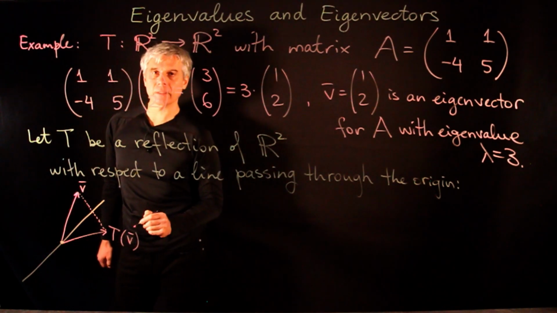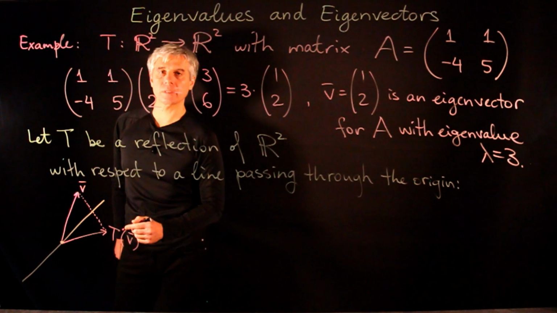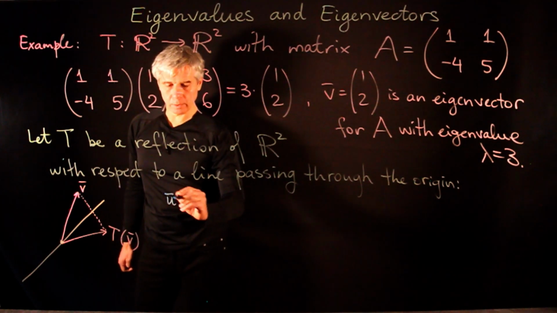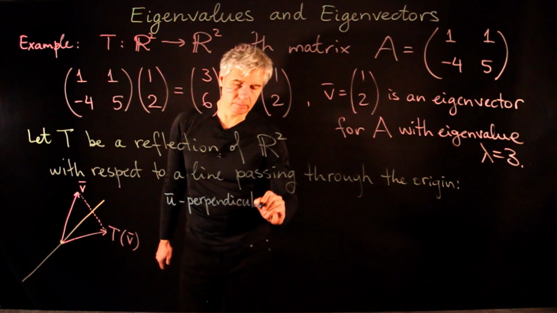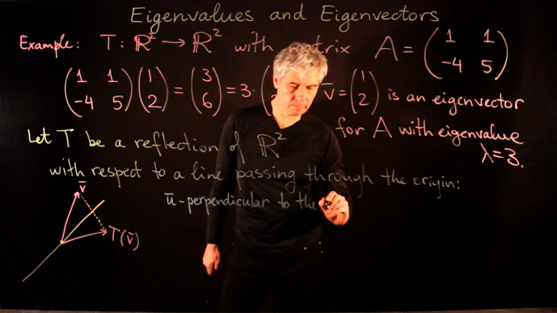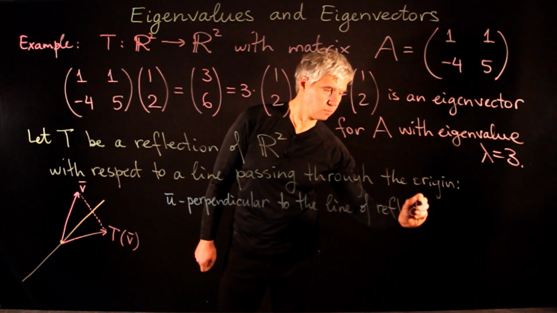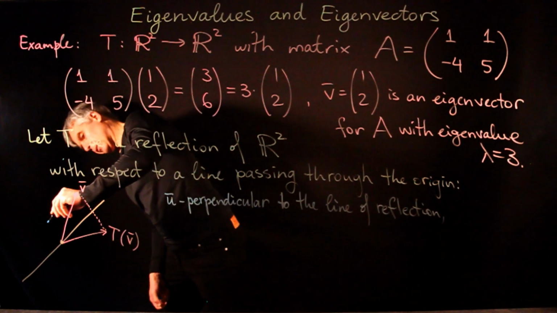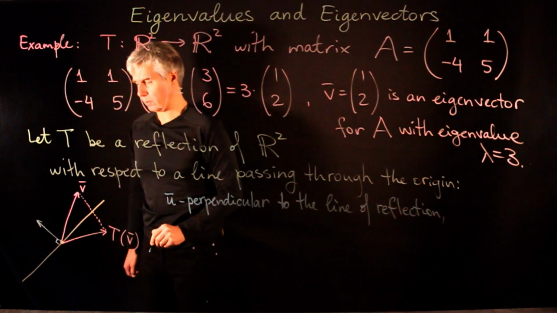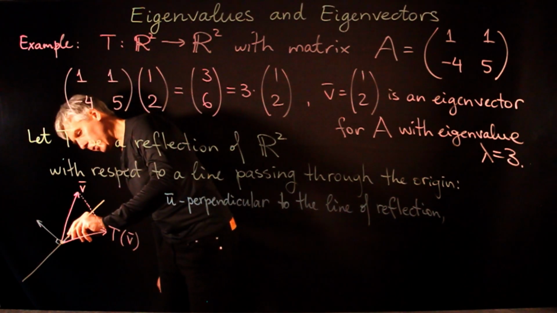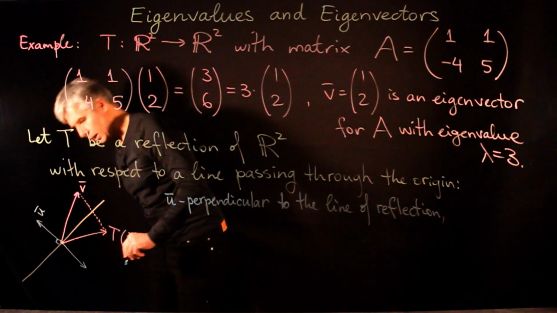Now let us try to understand what the eigenvalues and eigenvectors are in this context. Here, if we take a vector u which is perpendicular to the line of reflection, so that is a vector that goes like this, perpendicular to this line, then T of this vector u will be pointing in the opposite direction.